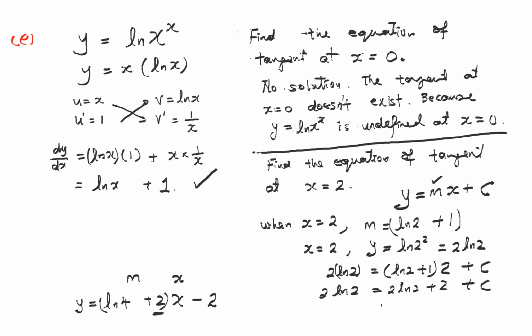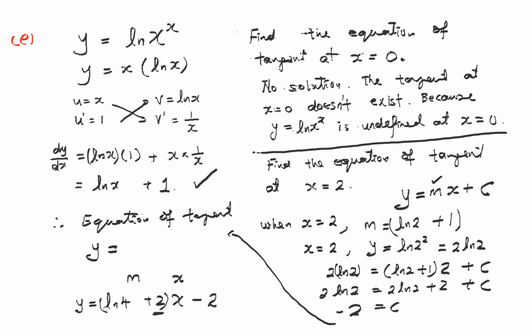So your c is equal to negative 2, sorry. Therefore, the equation of tangent is y equal to the gradient, that is (ln 2 + 1) times x minus 2.